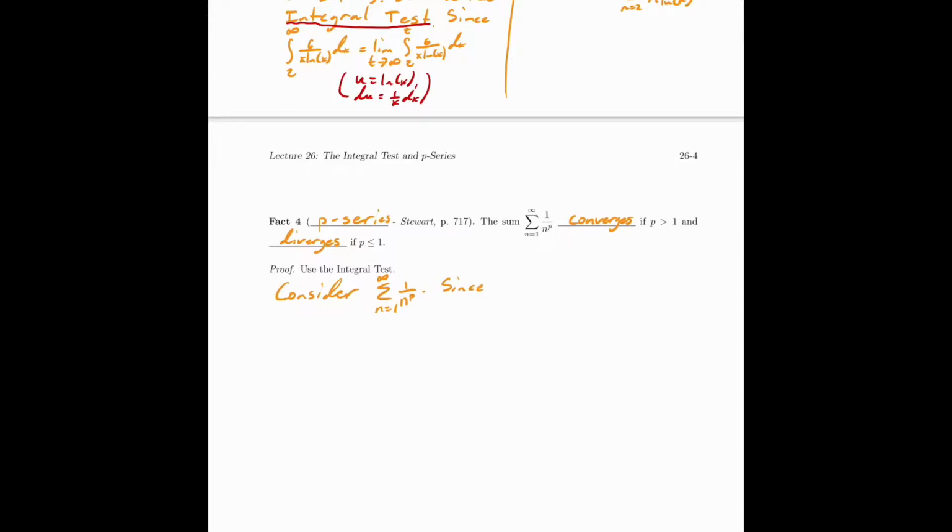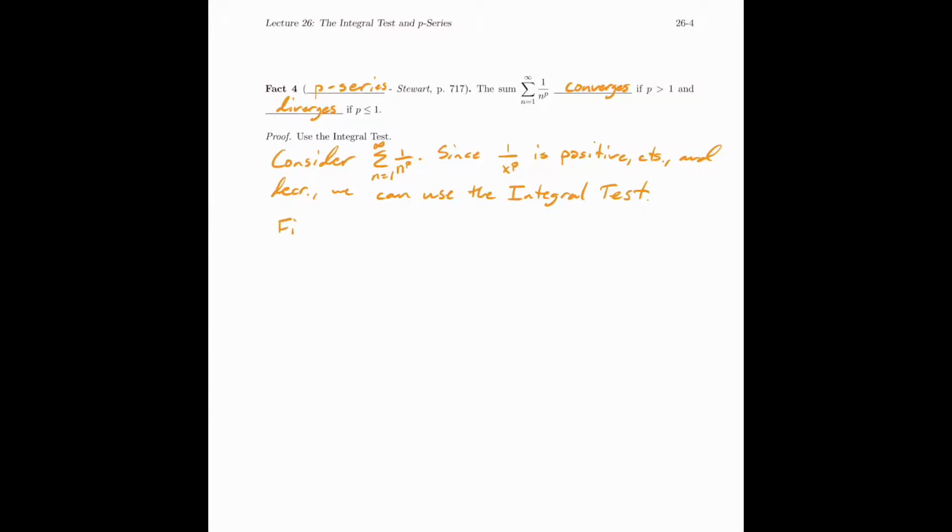Since the term 1 over x to the p is positive, continuous, and decreasing, we can use the integral test. First, consider p not equal to 1, because remember, that's a special integral, right? That's ln of x, right?